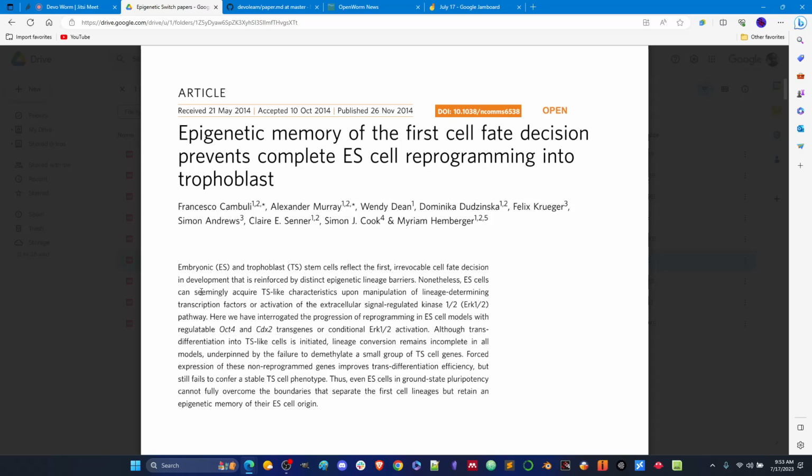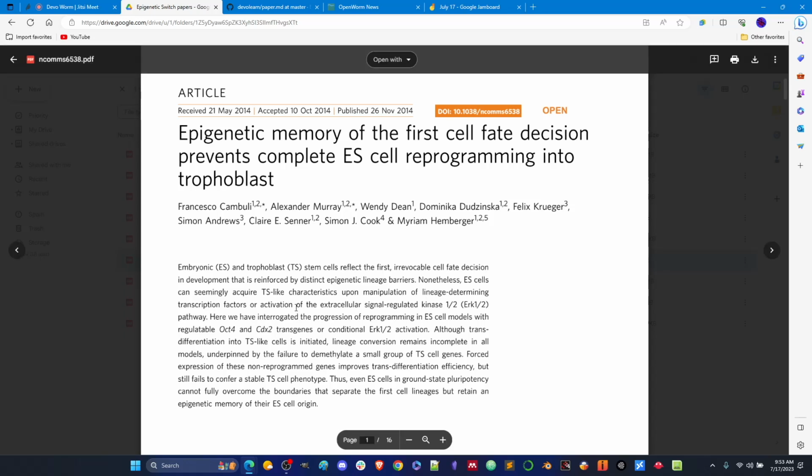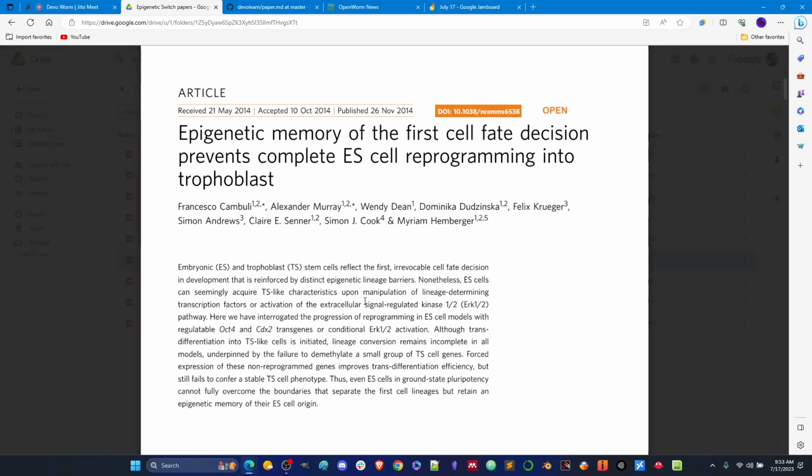Nonetheless, embryonic stem cells can seemingly acquire TS-like or trophoblast stem cell-like characteristics upon manipulation of lineage determining transcription factors or activation of the extracellular signal regulated kinase 1/2, or ERK1/2, pathway. So there's this pathway that is involved in this.